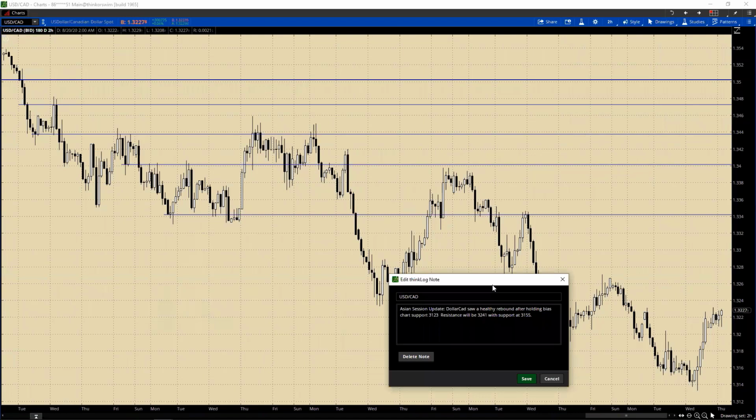So the dollar CAD saw a healthy rebound after holding the bias chart support level that we had on Thursday for 31.23. Resistance will be 32.41 with support at 31.55.